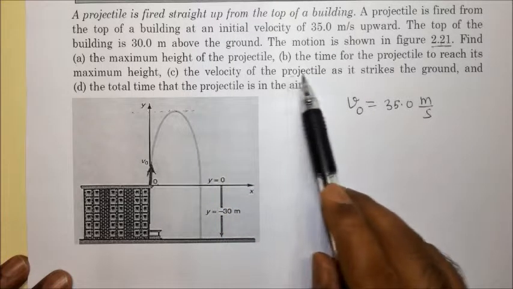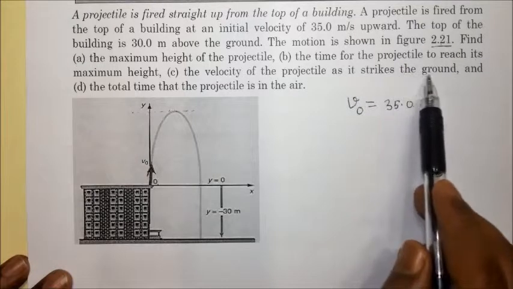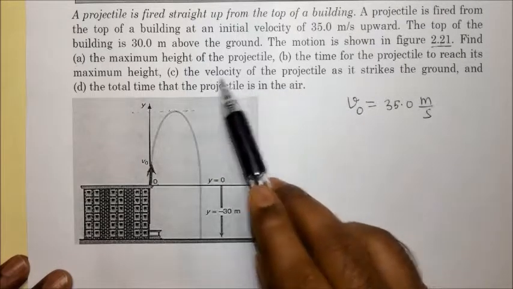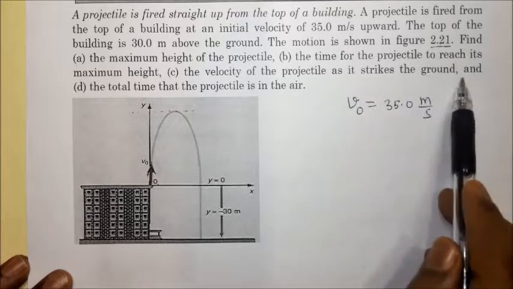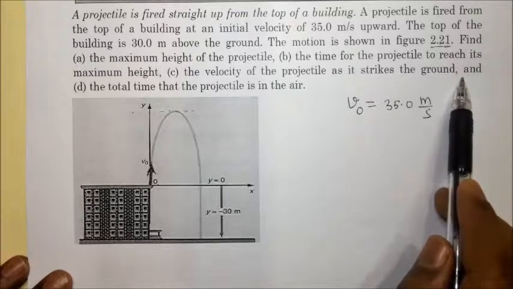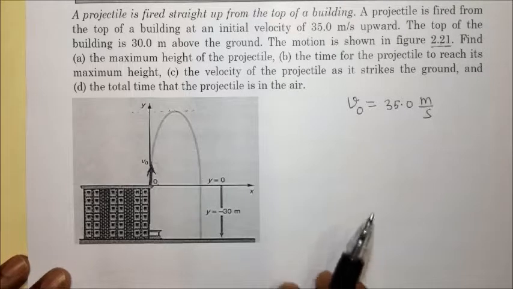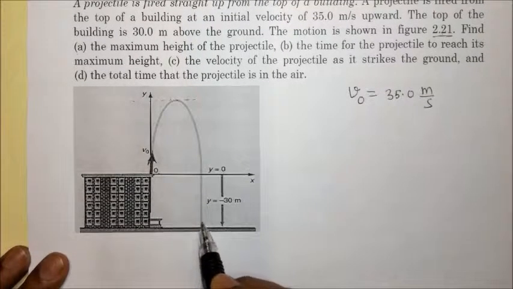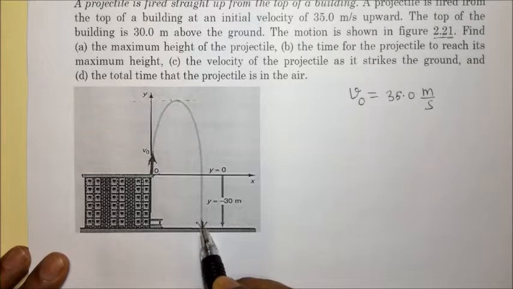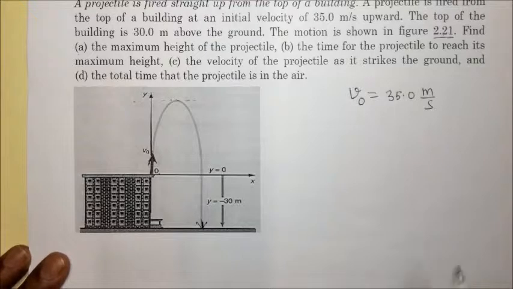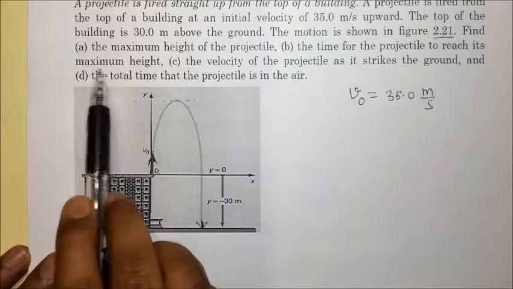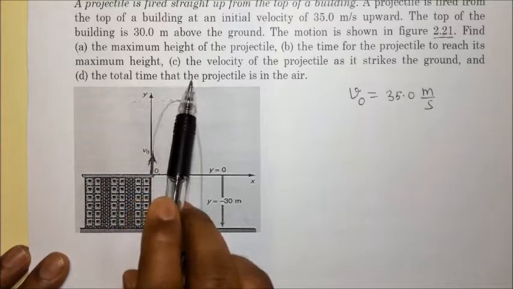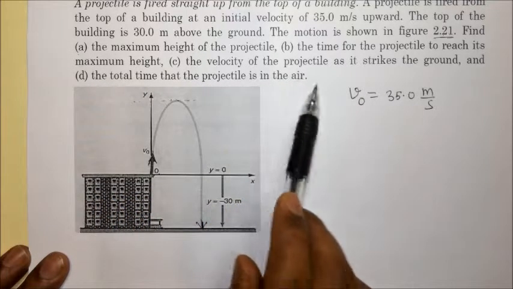C, the velocity of the projectile as it strikes the ground. So when it comes here and hits the ground, what's the velocity when it is hitting the ground? And the last part, the total time that the projectile is in the air.